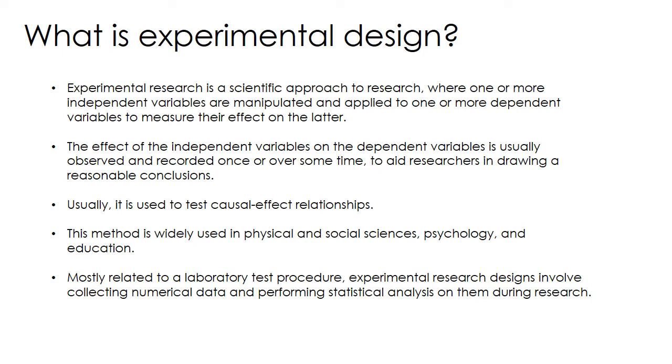When you want to say one variable is affecting another, how sure are you that this independent variable is the one that is causing the change? Going back to the COVID-19 example, how do you assure that this medicine is actually helping to reduce the fever or the symptoms of COVID-19? You need to monitor the patients.